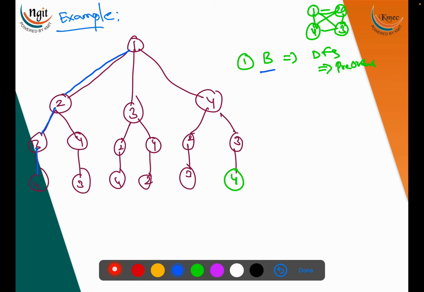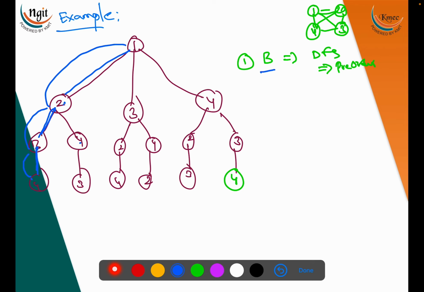Let's see. After it came to 1 to 2, 2 to 3, 3 to 4, if the traveling salesperson wanted to take the other path, it will backtrack. From 4 to 3 backtrack, 3 to 2 backtrack, and he can change his decision from 1 to 2 to 2 to 4, or else he can go completely back to vertex 1.